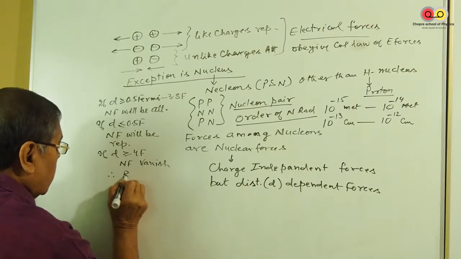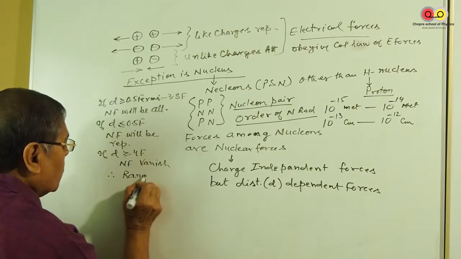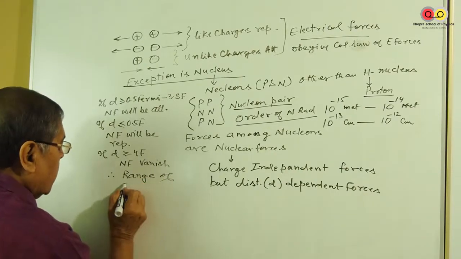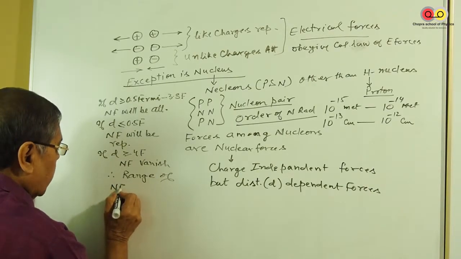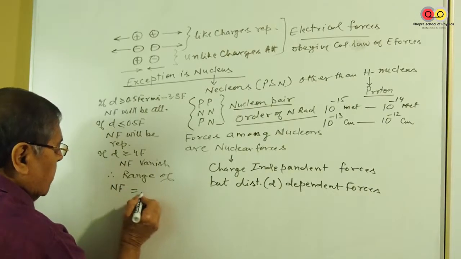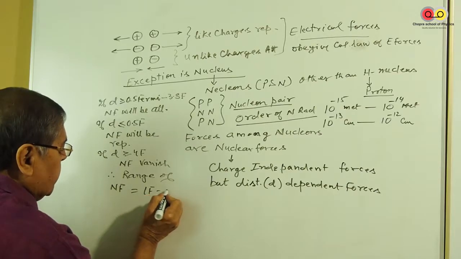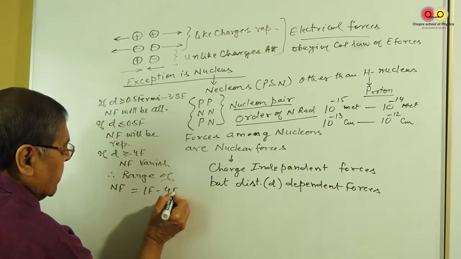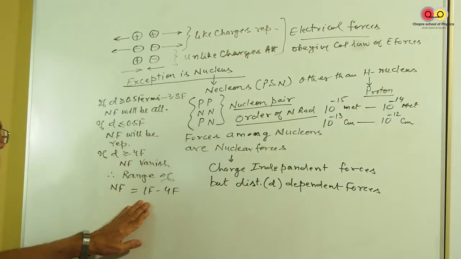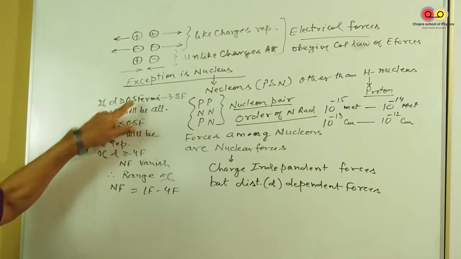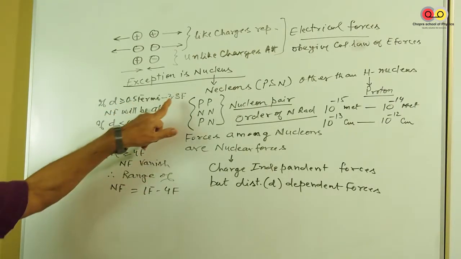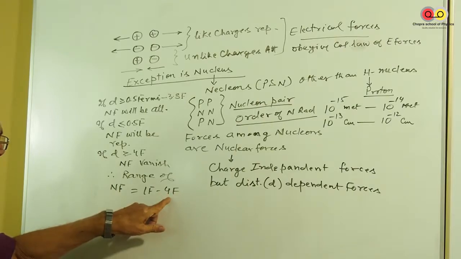Therefore, the range of nuclear force is nearly 1 Fermi to 4 Fermi. We have taken an approximation: 0.5 Fermi taken as 1 Fermi, 3.8 Fermi taken as 4 Fermi.